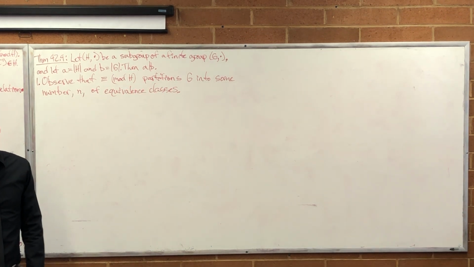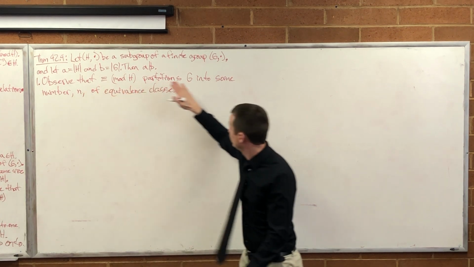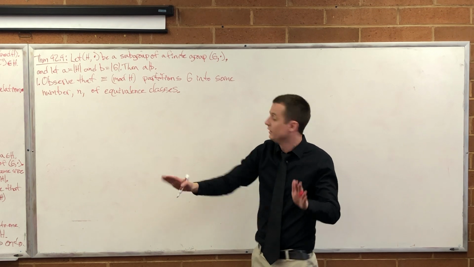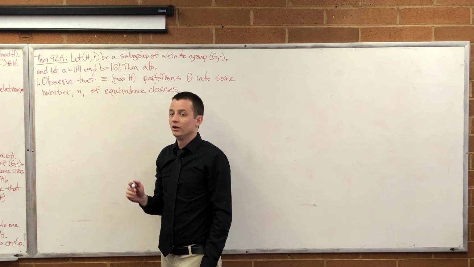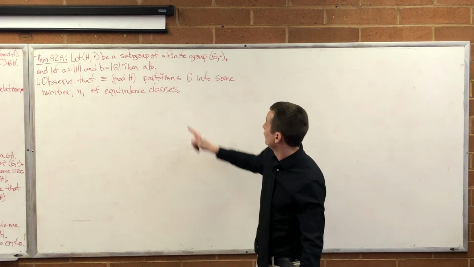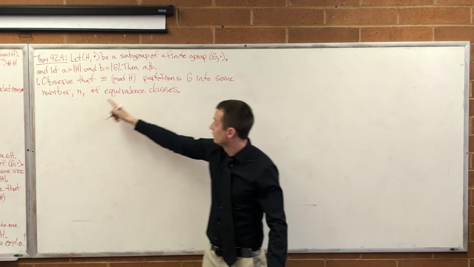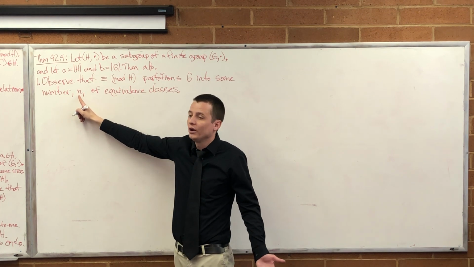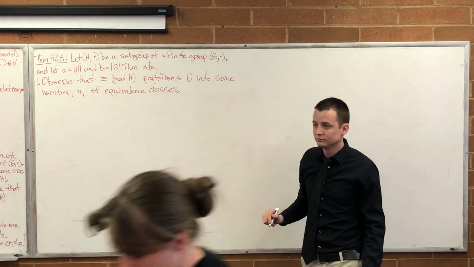Right? So we can use this relation to partition G up into n equivalence classes. Now, notice that we're using the fact that this group is finite. So this number n is some positive integer, 1 or bigger. With me so far?